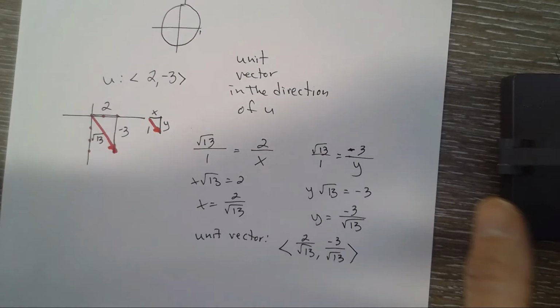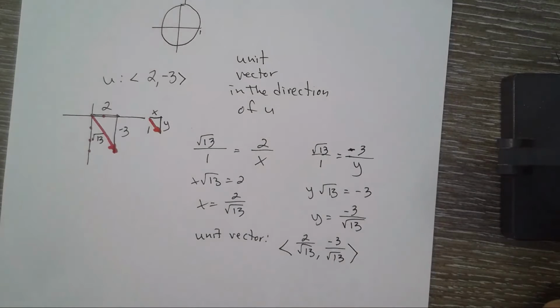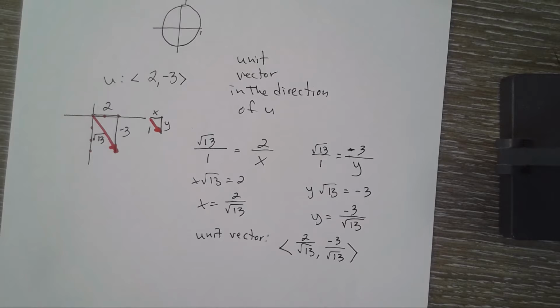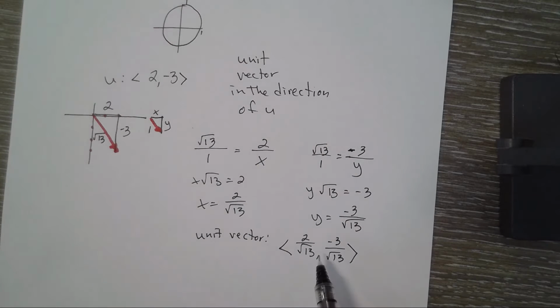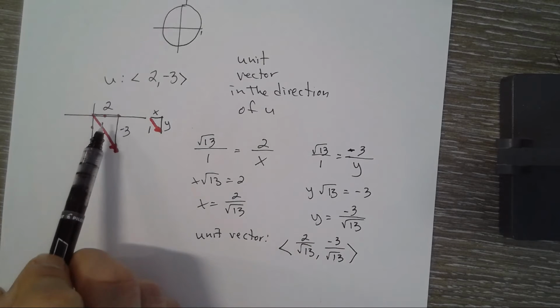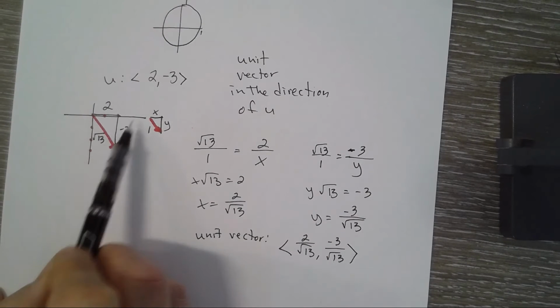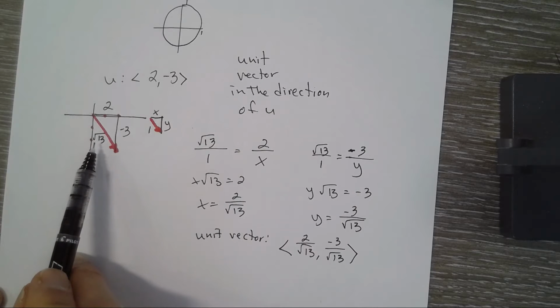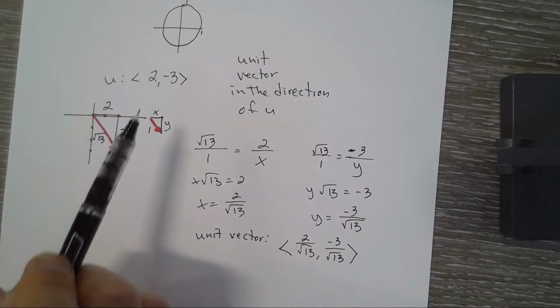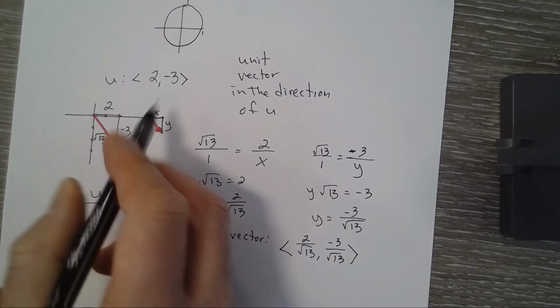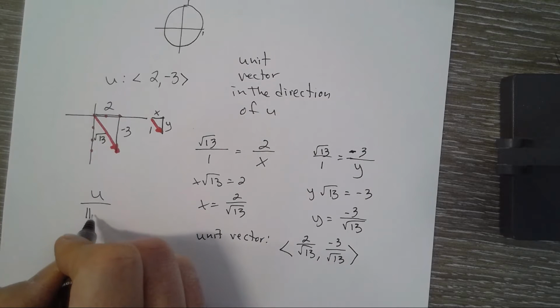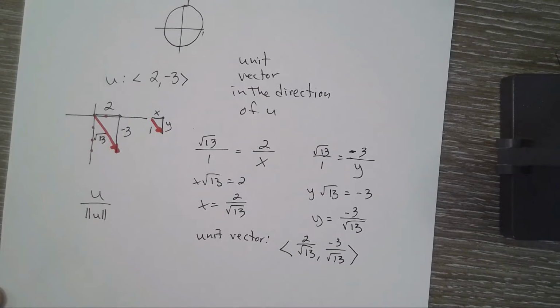Okay, so that's the long way of doing it, where you set up similar triangles and we solve for the given sides. By looking at this, you might be able to see the shortcut. The components of u is 2, negative 3, and the magnitude is the square root of 13. The unit vector is always just going to be u, that vector, divided by the magnitude of u, and that's our unit vector.